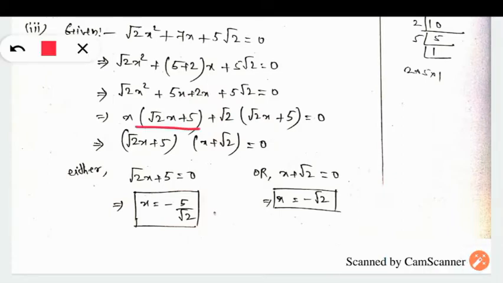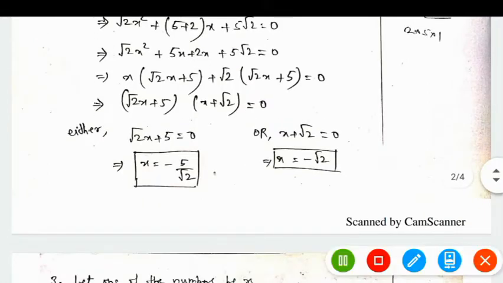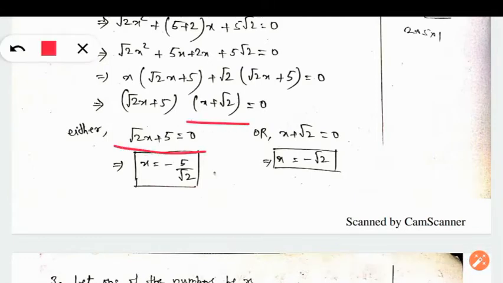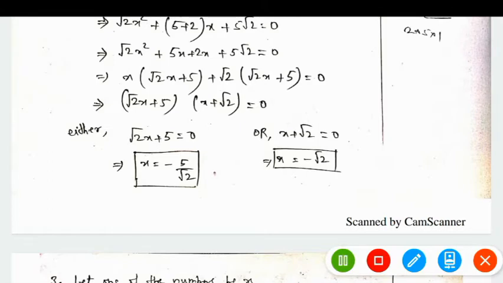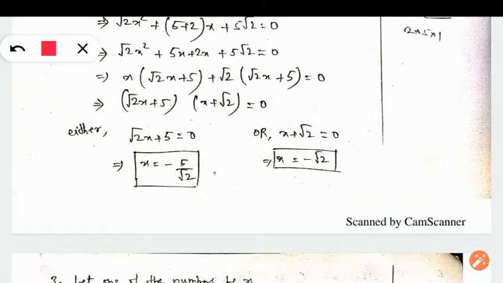Now see, these two terms are common, right? So I have taken this one here, and what is left? x plus root 2 in one bracket equals 0. So same thing, either this one is 0 or this one is 0. Because the product is 0, that means any of them is 0, that is why 0 you are getting as the product.